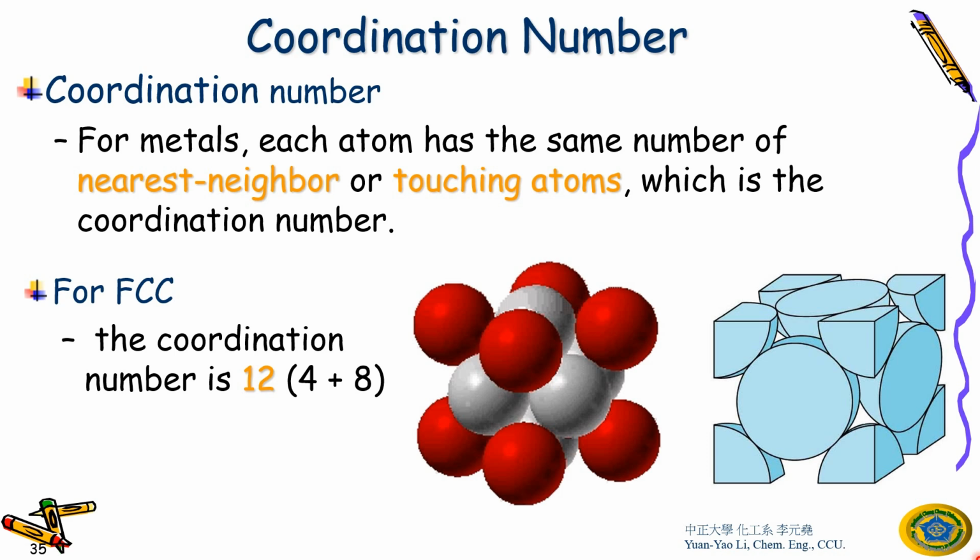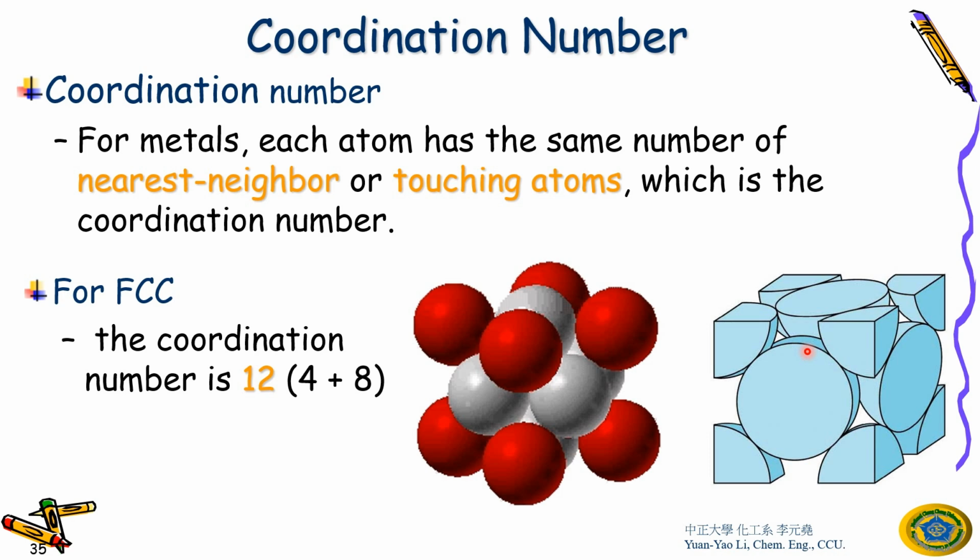Why is it 12? If you point out this one, this is the one you want to count. So it's 1, 2, 3, 4, right? 1, 2, 3, 4 is one layer. And then the half atoms in the back, 5, 6, 7, 8.